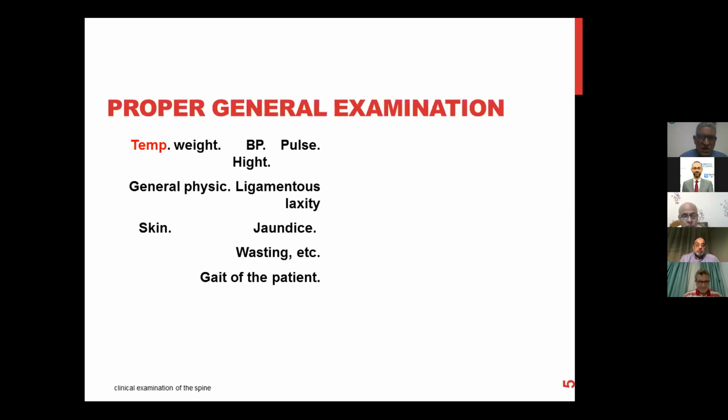Proper general examination of the patient includes vital signs, general physique, and generalized ligamentous laxity. We look at the skin, jaundice, wasting of certain groups of muscles, and the gait of the patient. I would like to emphasize very important points here. In the general examination, the temperature is of very high importance, as it can catch the big fish, like inflammatory spondylitis, tubercular spondylitis, brucellosis spondylitis, typhoid spondylitis, and infective spondylitis, gram-negative or gram-positive.